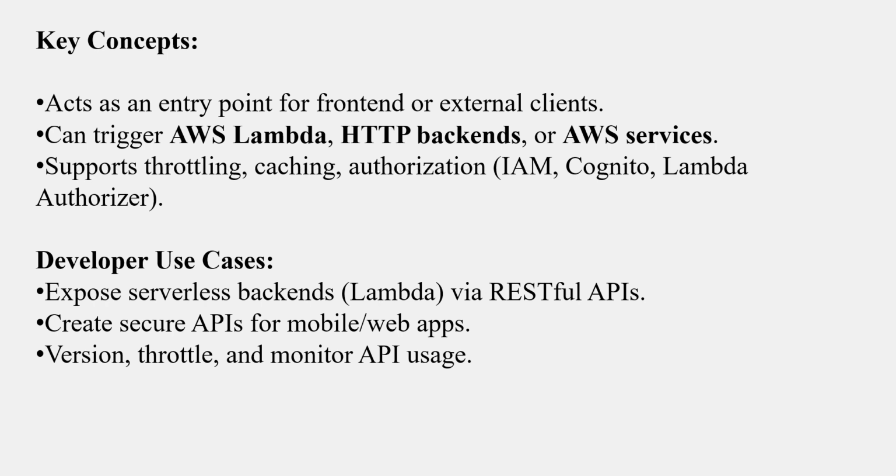The main key concepts are that we can trigger AWS Lambda, HTTP backends, or AWS services, supporting throttling, caching, and authorization with IAM, Cognito, and Lambda Authorizer. The developer use cases: it exposes serverless backends like Lambda via RESTful APIs, and creates secure APIs for mobile and web apps.